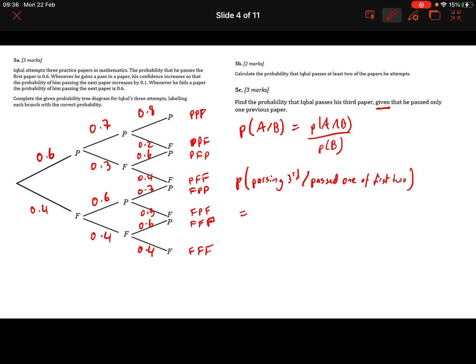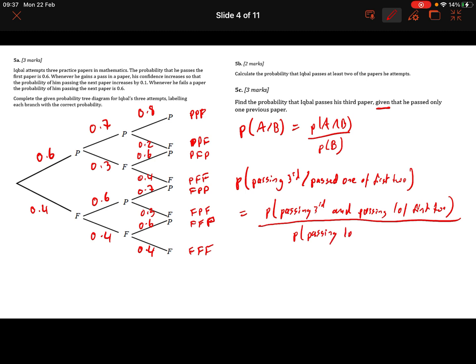If we just use the formula there, that's the probability of passing the third and passing one of the first two, over the probability of passing one of the first two. Okay, so now we've got to just change that into numbers.